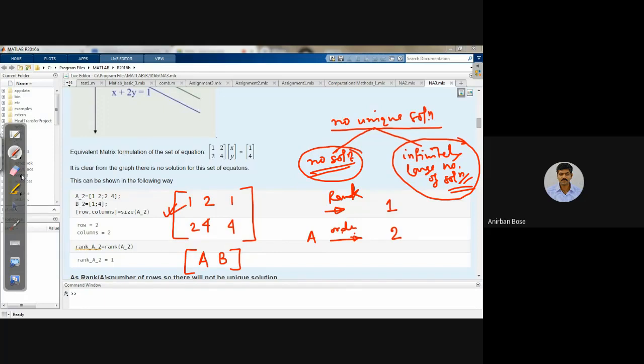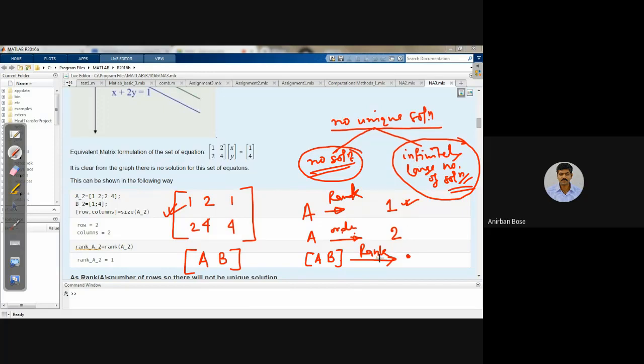Already we have seen the rank of A and the order of A. Now we have to find out the rank of this augmented matrix, and check whether it is the same as the rank of A or not. If the rank of the augmented matrix is the same as the rank of A, then there are solutions. Definitely no unique solution means infinitely large number of solutions.